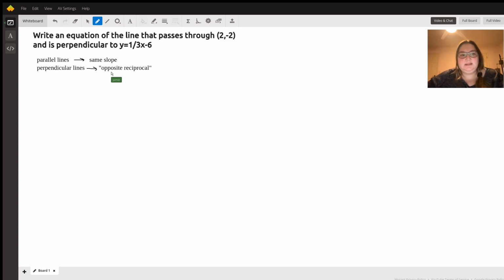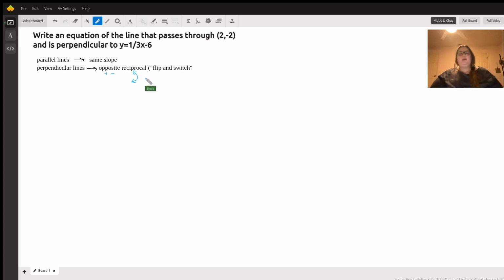So I like to call that the flip and switch. Okay, so opposite meaning if it was negative, it's now positive. If it was positive, it's now negative. And reciprocal, it goes upside down.